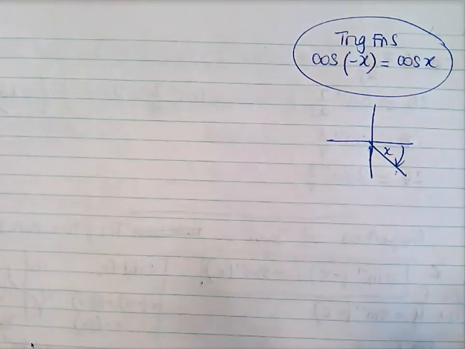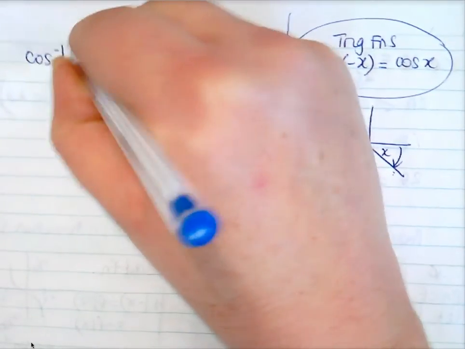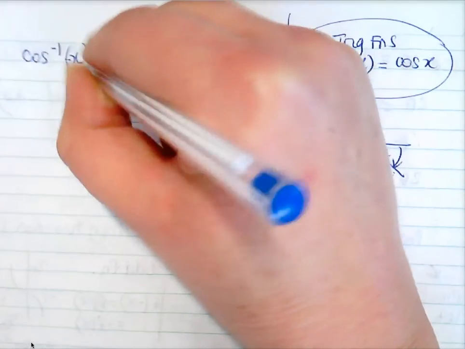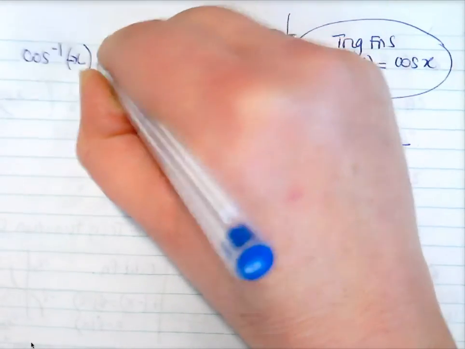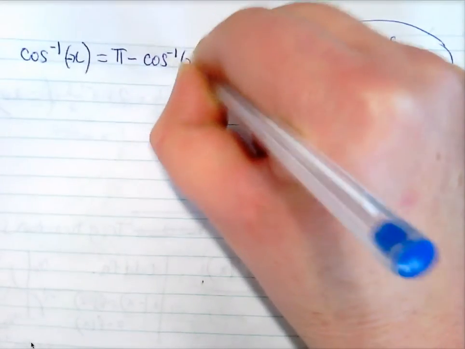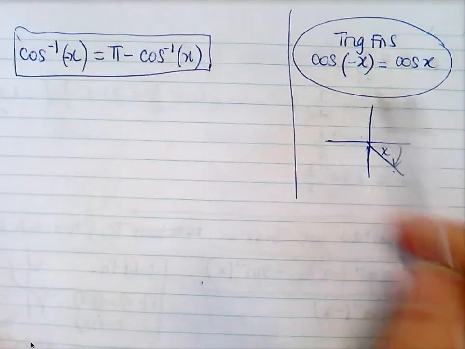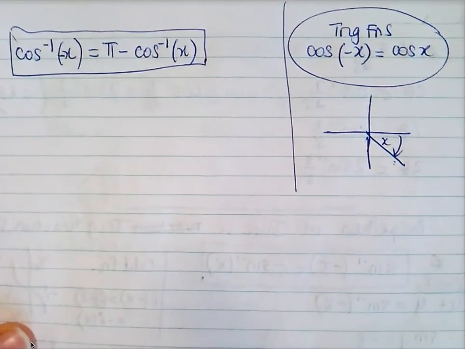Let's look at the third one: the inverse cos of negative x equals pi minus the inverse cos of x. That's my rule. So it's different to the ordinary function.